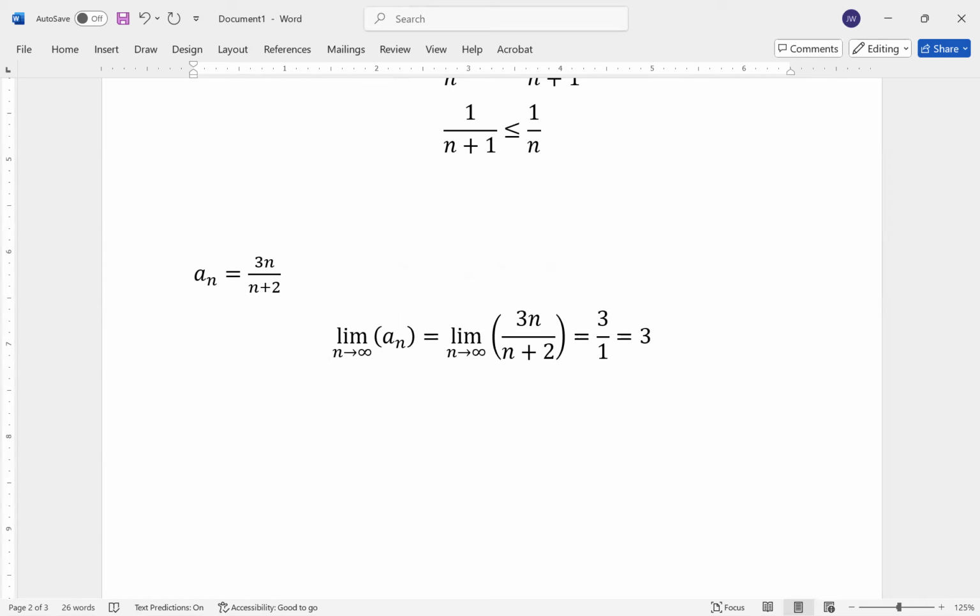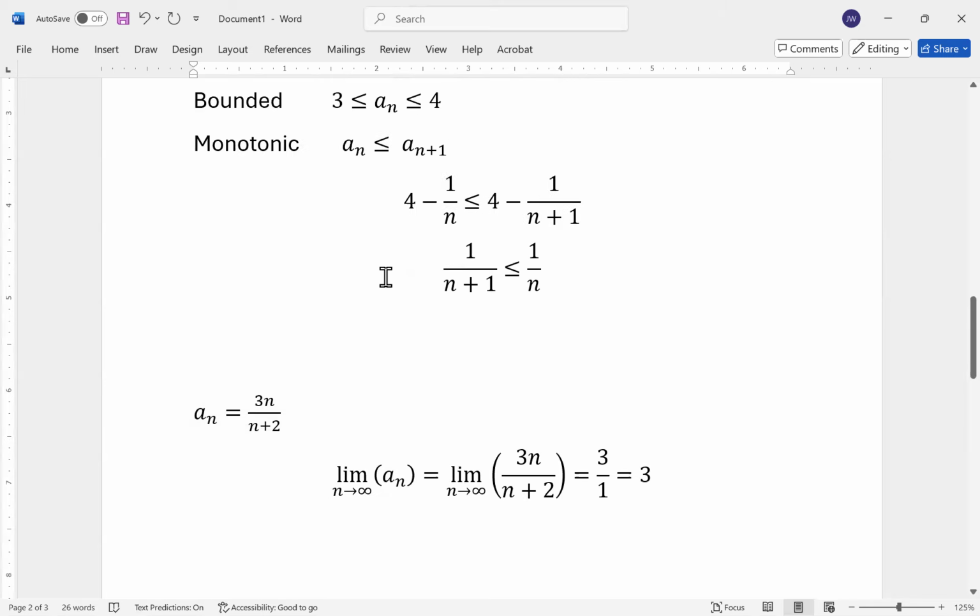Now, it turns out that 3n over n plus 2 is, in fact, bounded. And also, you can go through the fact that this is going to be monotonic as well.